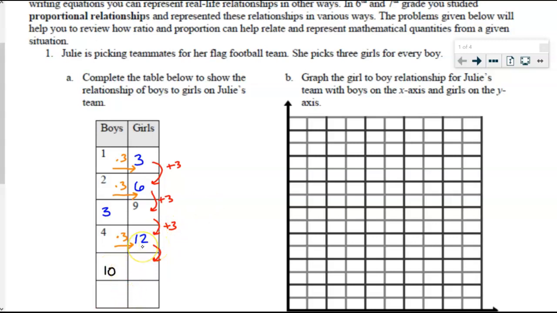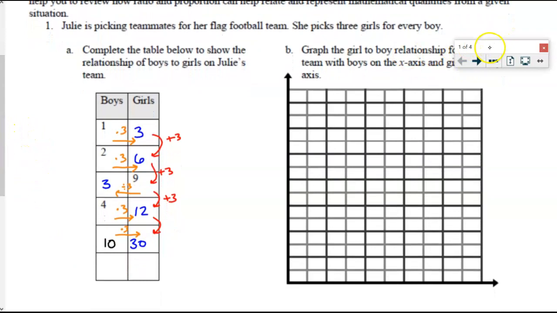And so having a way that we can kind of skip some values and still have a reliable pattern is going to be really helpful. So 10 multiplied by 3 is how we get to 30 girls on the team. And then I can also use that relationship in reverse order. It means if I'm going forwards multiplying by 3, when I didn't know this one, I could always work backwards and do the inverse, divide by 3. We're going to save this, so don't fill in that one. We're going to save that for just a second.